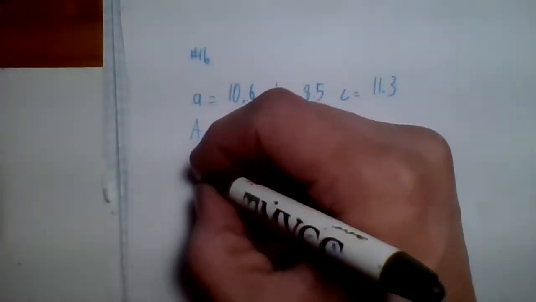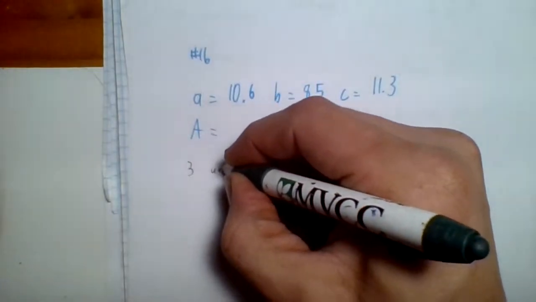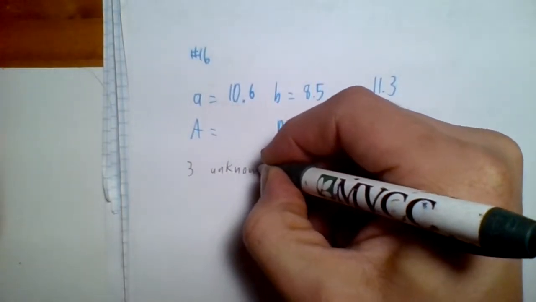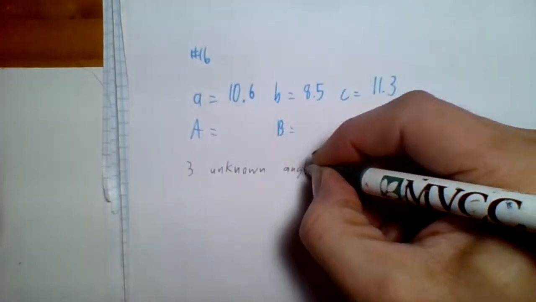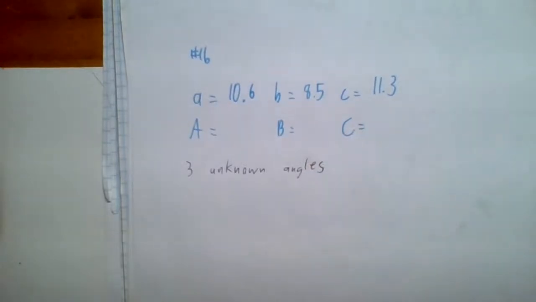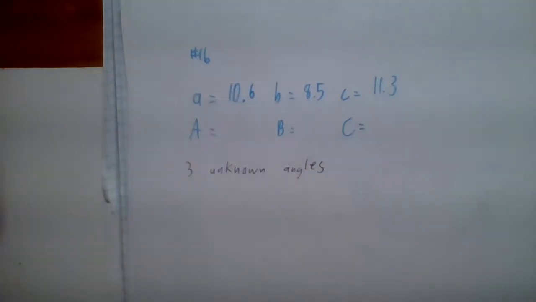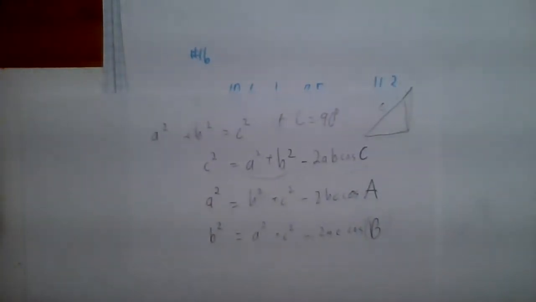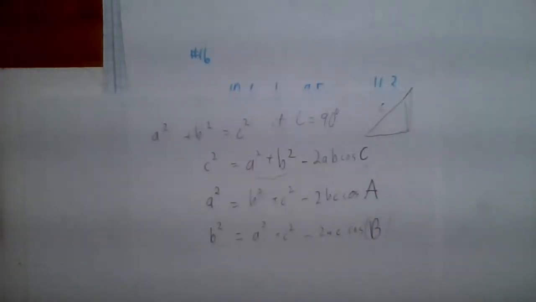We're in a situation right here where there are three unknown angles. My law of cosines is really three different laws. I know all three of these things. And if I know all three sides, I could really get started with any of these and solve for the unknown angle over here.